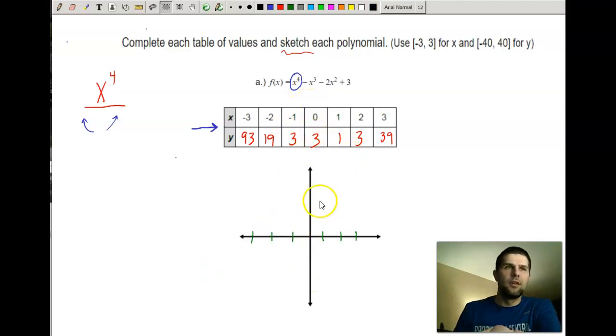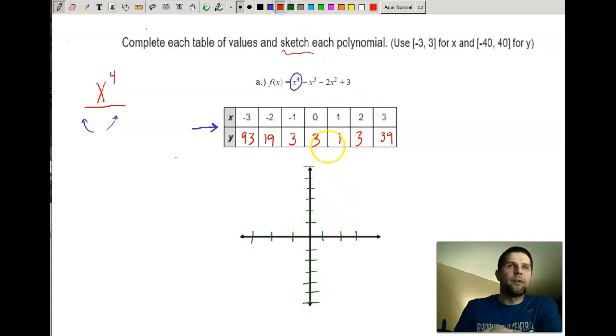And then your y-scale: obviously some of these endpoints are going to be large, so we're not going to be able to necessarily graph those unless we make our scale quite big, but we're just going to keep it pretty standard for now. So we'll just go up by ones for the y, and keep it pretty simple.